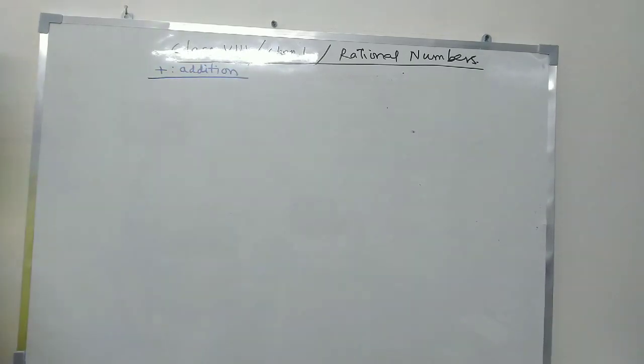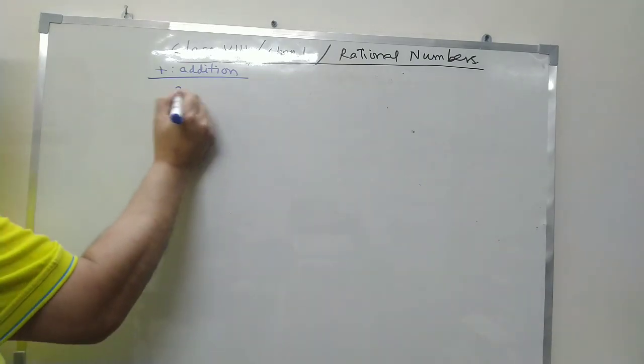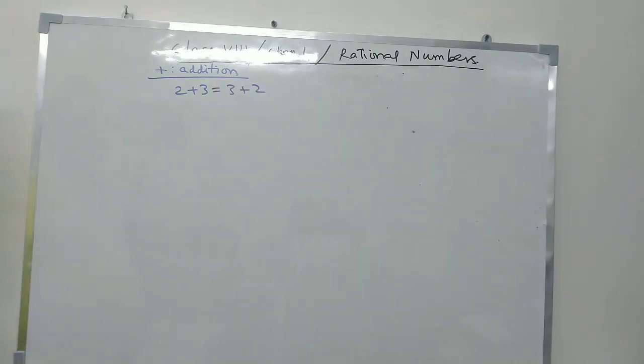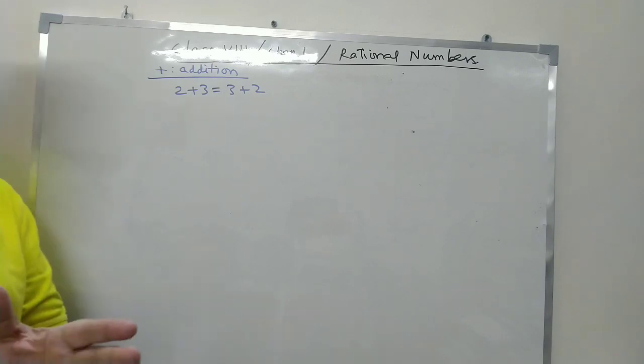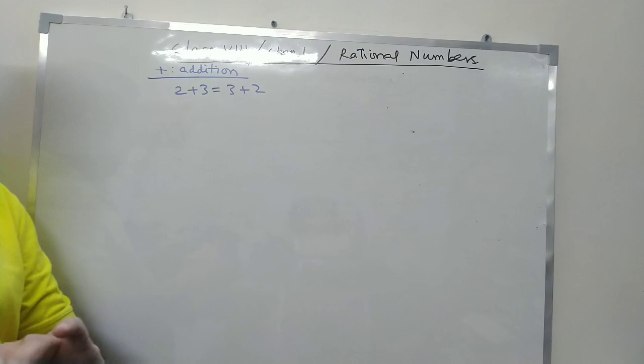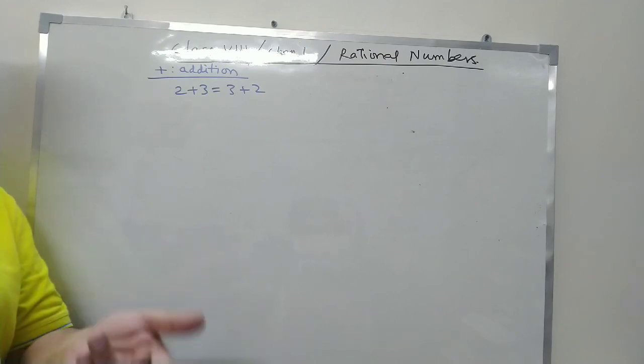Now, when we talk about addition, you all have read that 2 plus 3 is same as 3 plus 2. This is called the commutative law. What do you mean by commutative? Commute means to go from one place to another. Like you come from school, then you go back from school to home. So this is commuting from school to home and home to school.